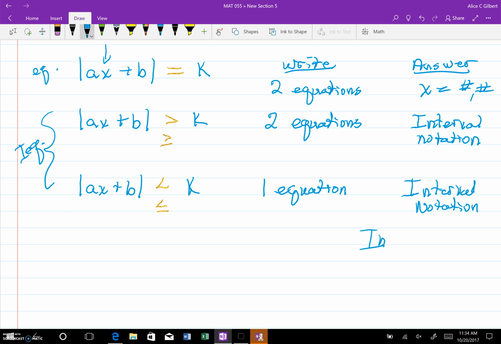Interval notation is only used with inequalities, because it is a range of numbers.